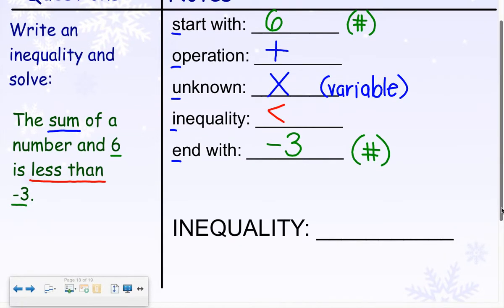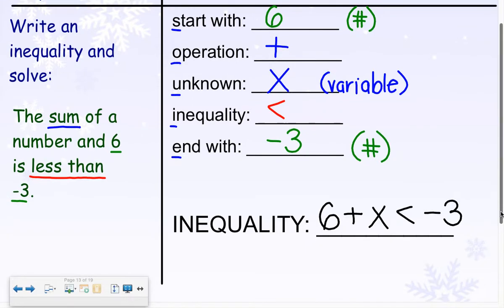Starts with was 6, then we have a plus sign, then we had an x, then we had a less than symbol, and then we had our -3. If you read this sentence, it should make sense: the sum of a number and 6, so we're adding x and 6, is less than -3.